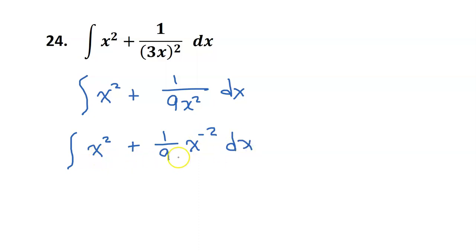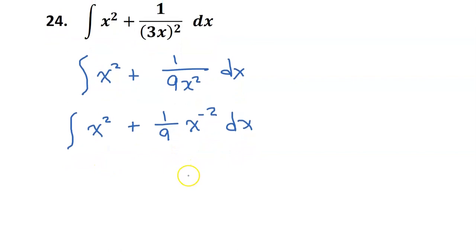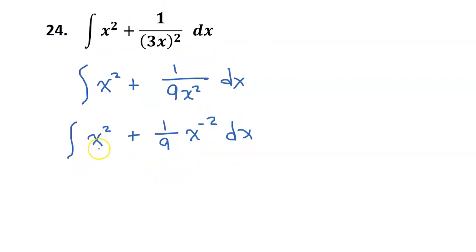So we can integrate each of these just using the power rule. So for the first term, increasing this power by 1, we have x to the third power, and then we divide by the new power, so that is a 1/3 in the front. I'm going to just bring down the 1/9 for now.